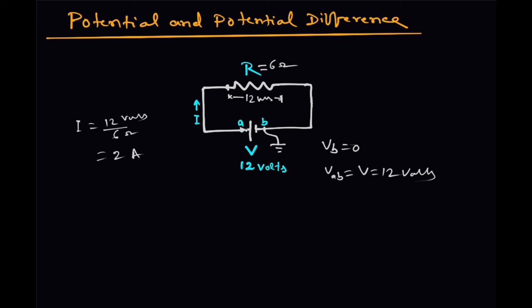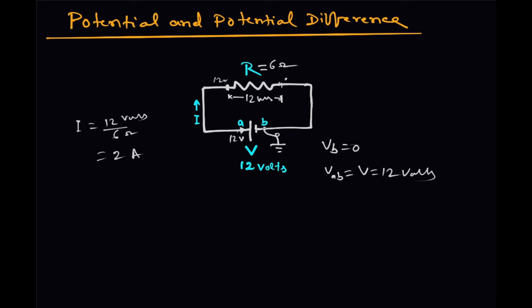Okay, now you can say that this potential difference is 12 volt, means if this is at 0 potential, it will be at 12 volt potential. So now this is at 12 volt, and this is connected to terminal B, so it will be at 0 volt. You can see that the difference of the potential across this resistance is again 12 volt, or across the terminals of the battery it is 12 volt.